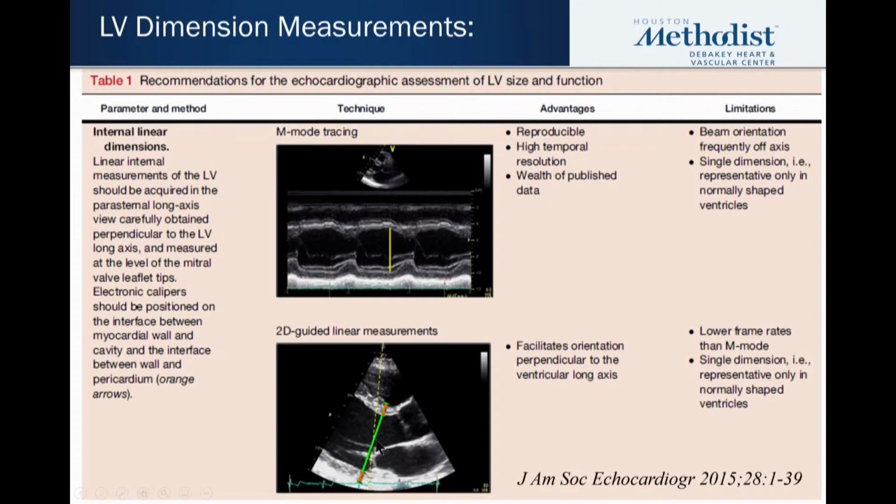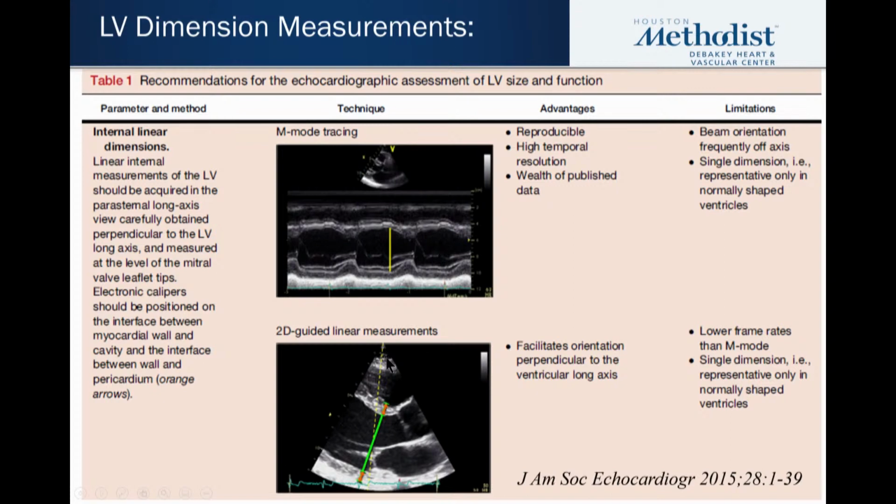And this happens frequently as the transducer is placed a little bit lower in the apex, which is not done because you don't know what you're doing. It's done because often that is the best view that is obtained. So not uncommonly, we have this situation. The long axis is pointing up.